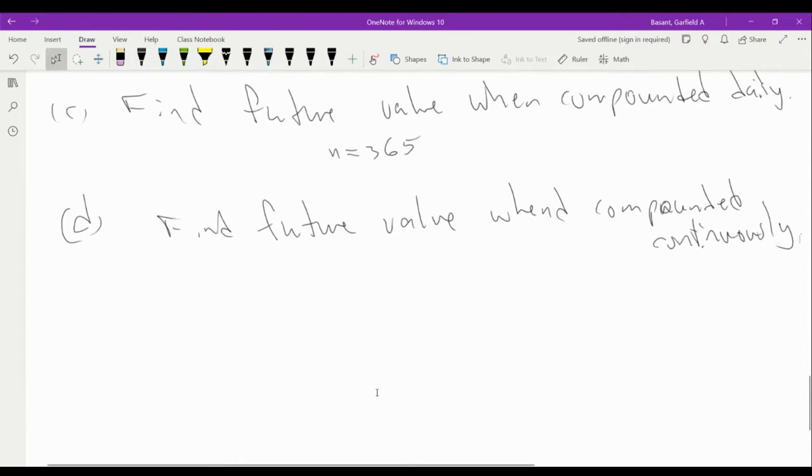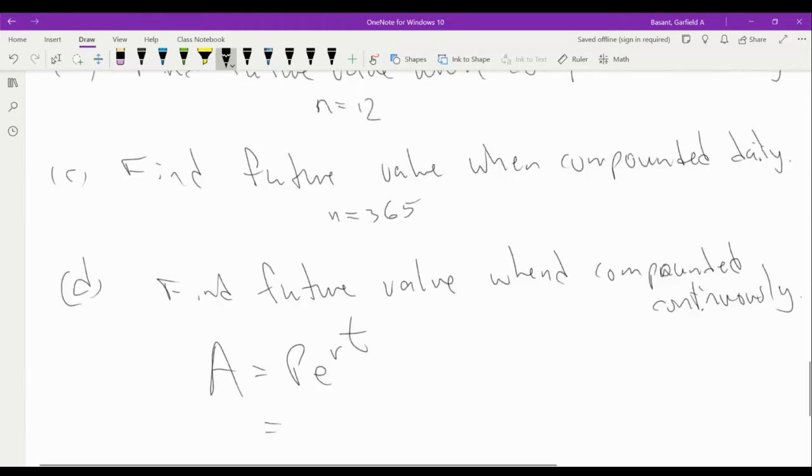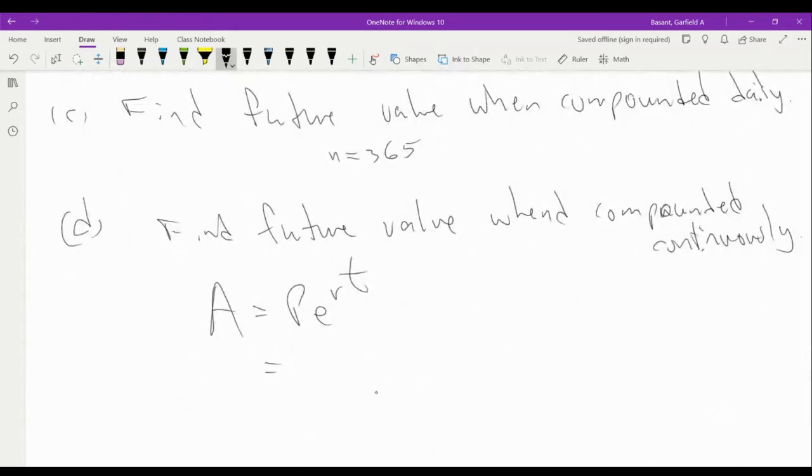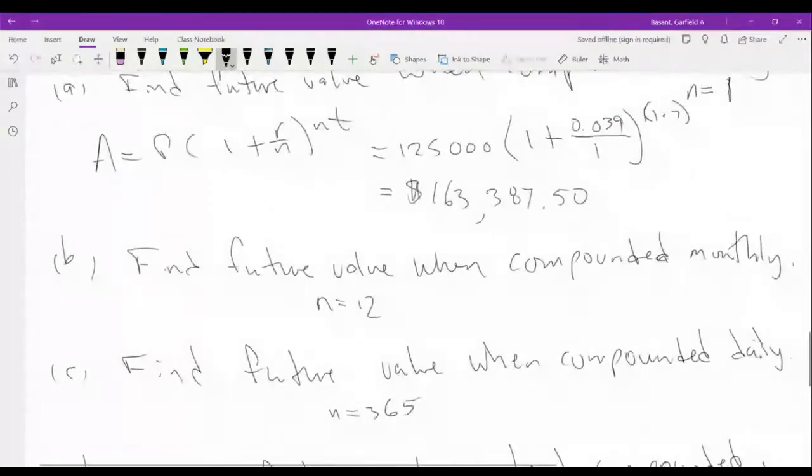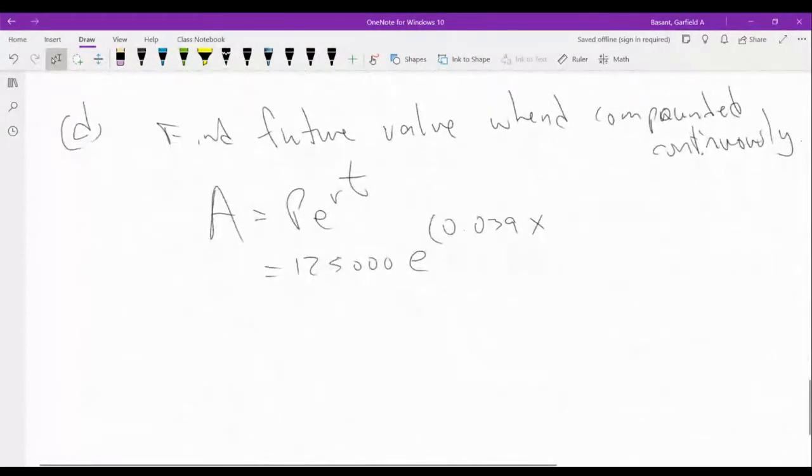Right, so when they say continuously, we have to go to A is equal to P e to the RT. So we're still trying to find A. P was still 125,000. Then we have e and the r. Make sure you put the exponent in parentheses. r was still 0.039. Our time was still 7 years.